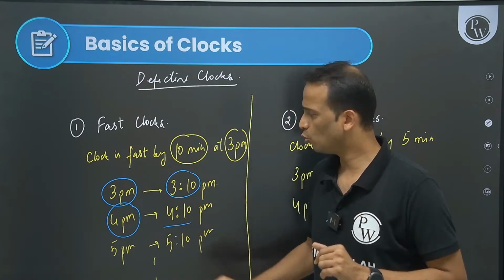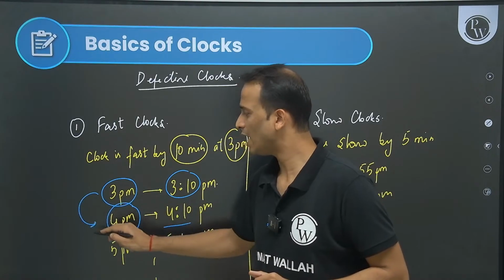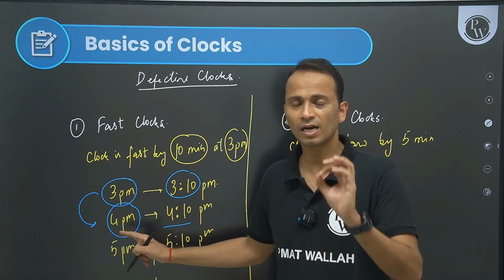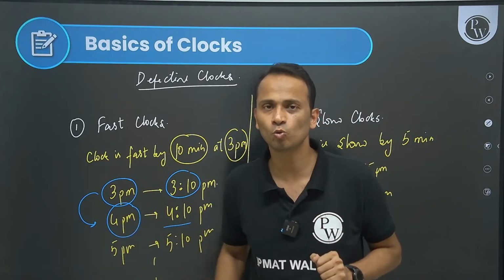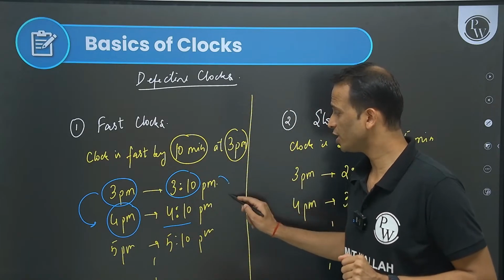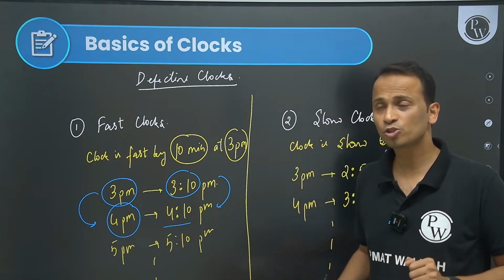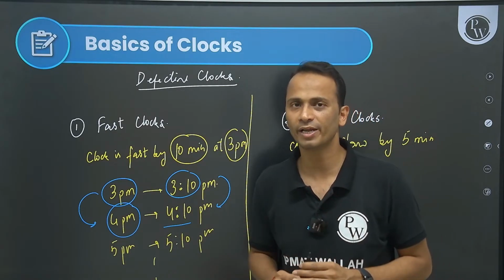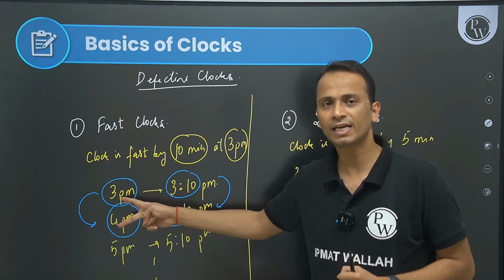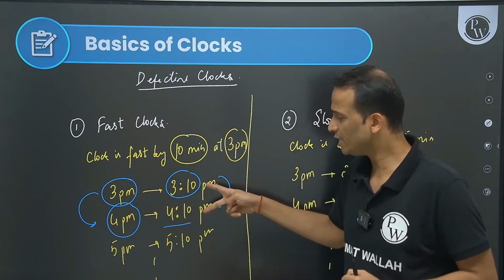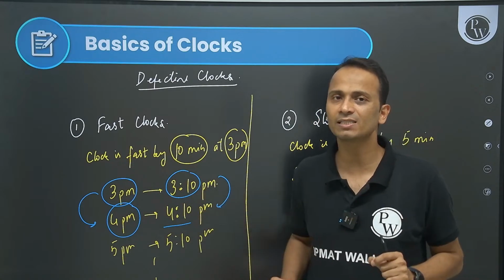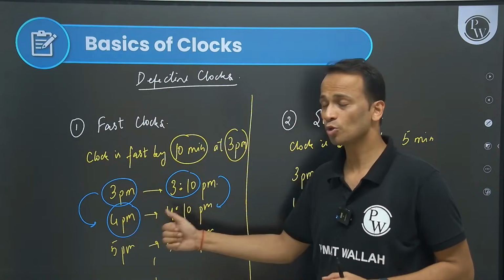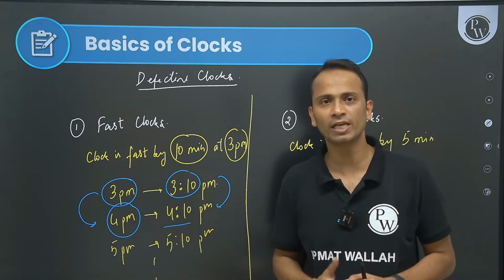on. So, when 1 hour is elapsed in the correct clock, अगर correct time 1 hour से elapse हुआ है, तो हमारी ये जो वॉच है, जो क्लॉक है, जिसको हम फास्ट क्लॉक बोल रहे हैं, जिसको कुछ लोग डिफेक्टिव क्लॉक बोल रहे हैं, तो 1 hour ऑफ करेक्ट टाइम अगर इलैप्स हुआ है तो इस वाली घड़ी में कितने आवर्स इलैप्स हुए हैं? एग्जैक्टली 1 hour. सो 3 से 4 PM और इस वाली घड़ी में 3:10 से 4:10 PM.